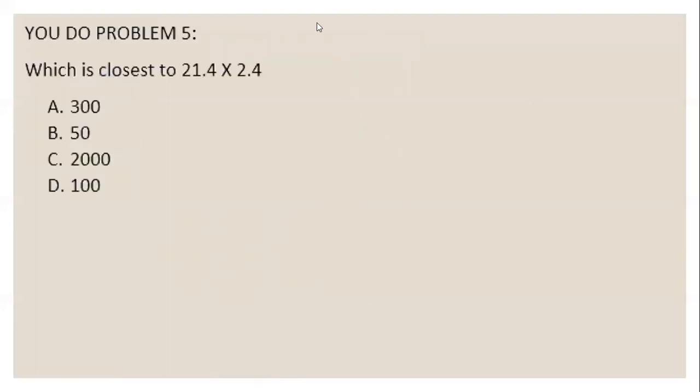This one's not the same. This is just an overestimation. So if you were roughly telling someone how much something cost, what would you tell them?